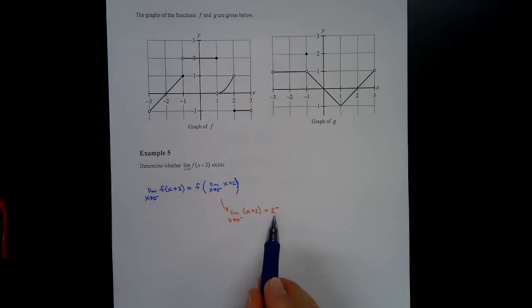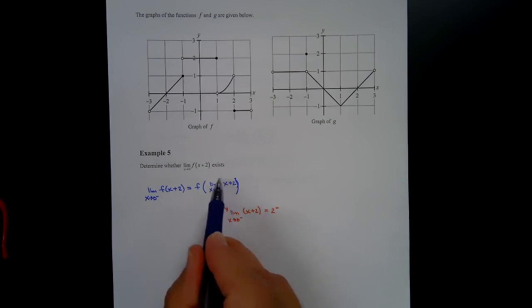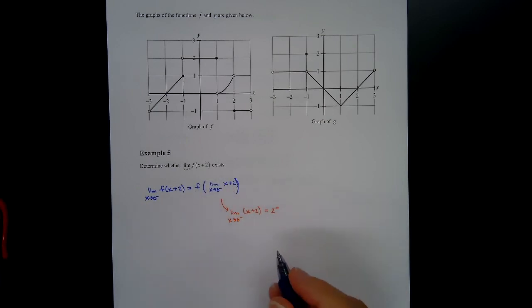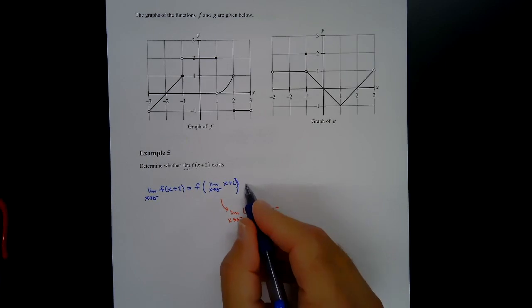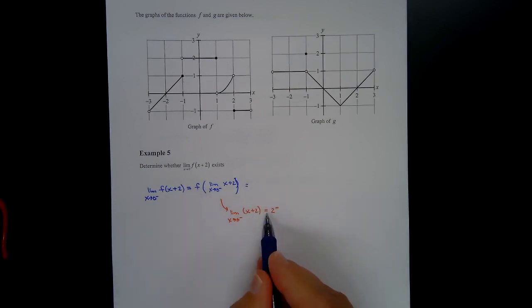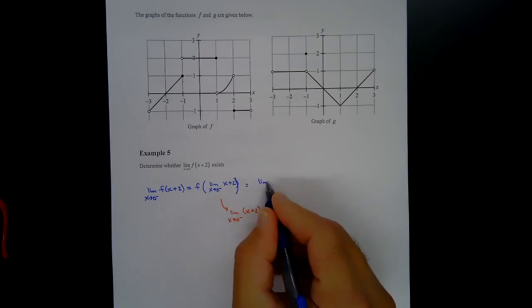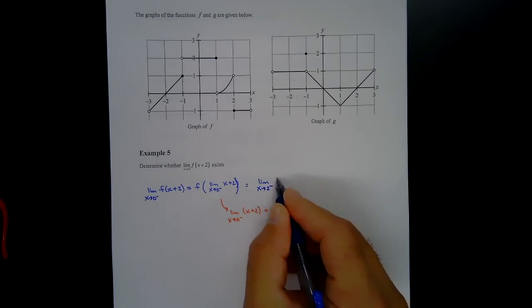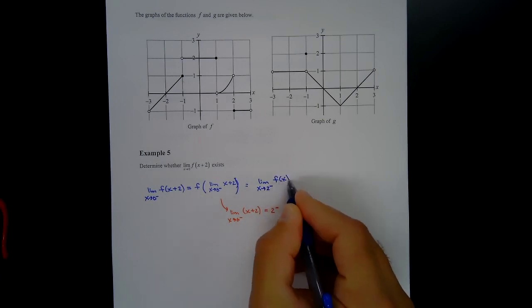Because of that, these are my inputs into the f function. So my x's, as I put them into f, are getting closer and closer to 2 from underneath. So this becomes the limit as x approaches 2 from the left of f of x.